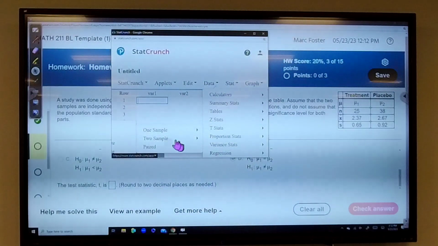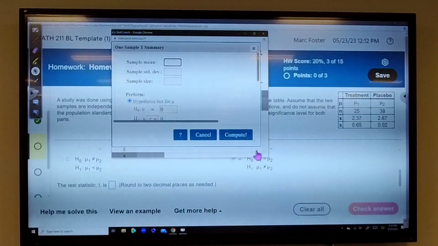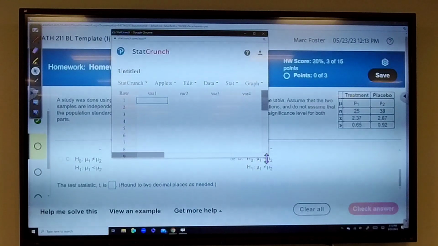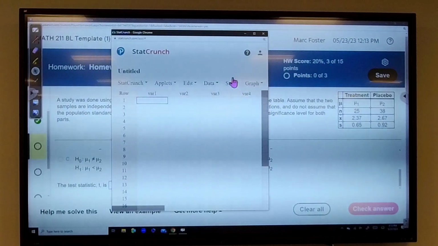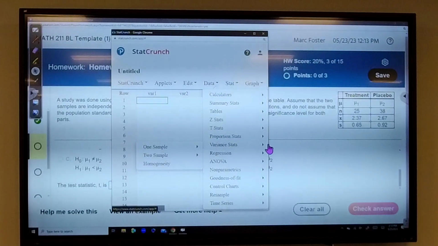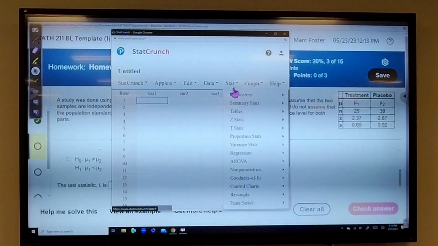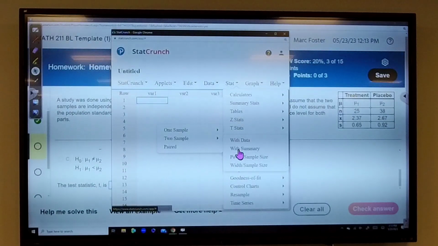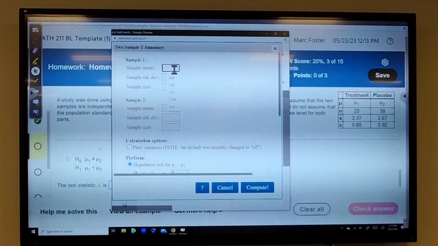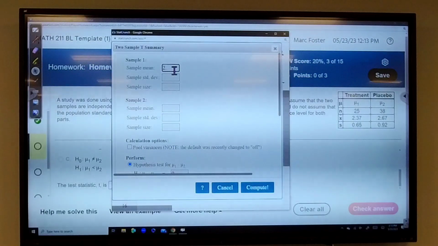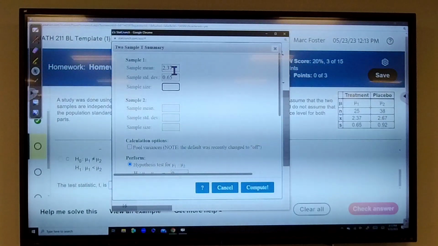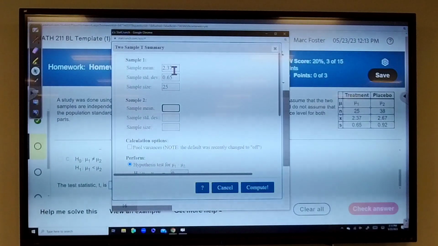T-stats, 2 sample with summary. Then for the first group, my sample mean was 2.37, standard deviation 0.65, and the sample size was 25.